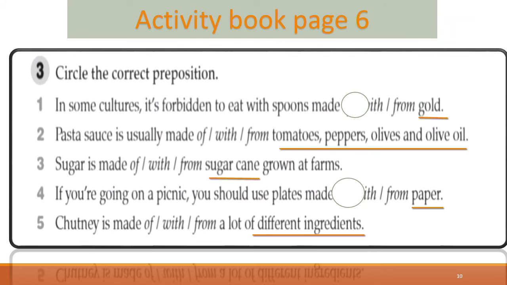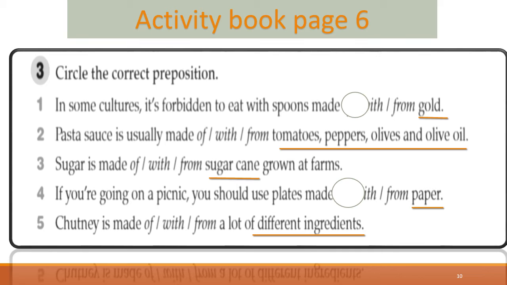So let's go on. We need now to open the activity book, page 6, and to choose the correct preposition for each sentence. You are going to choose made of, made with, made from.